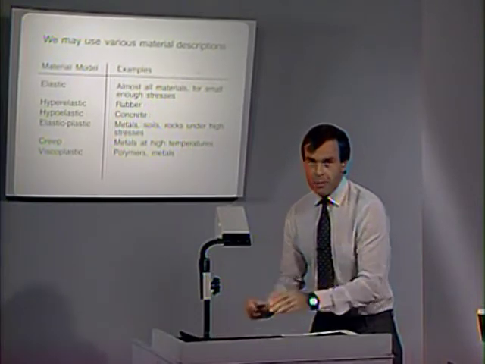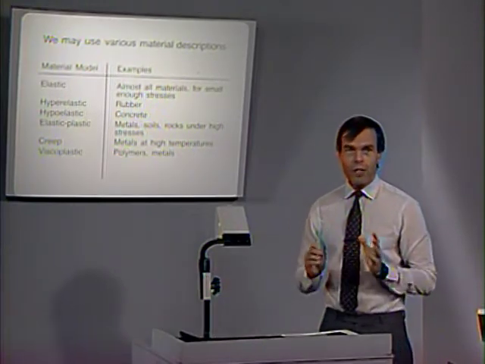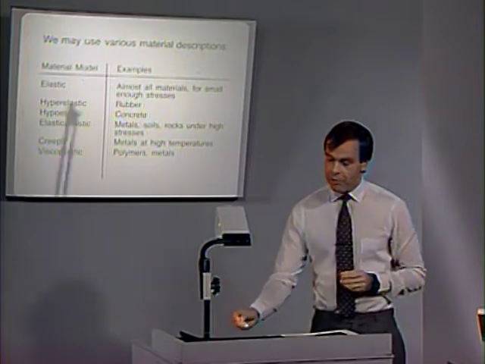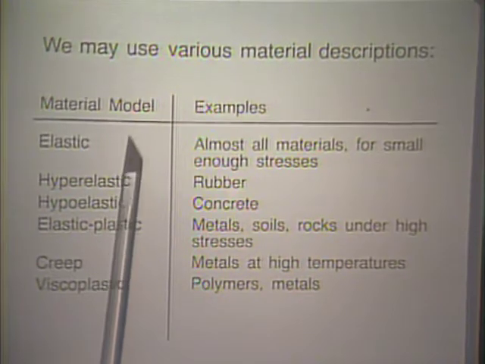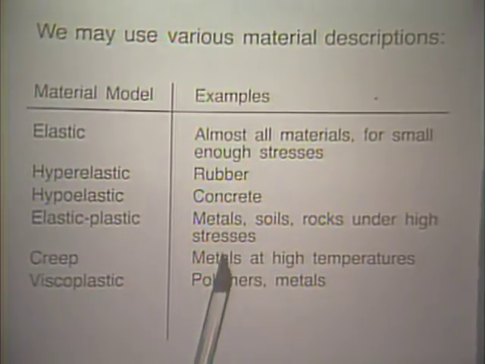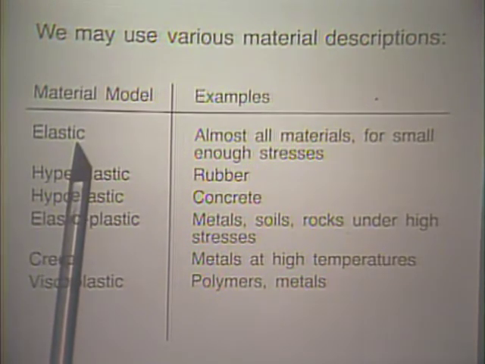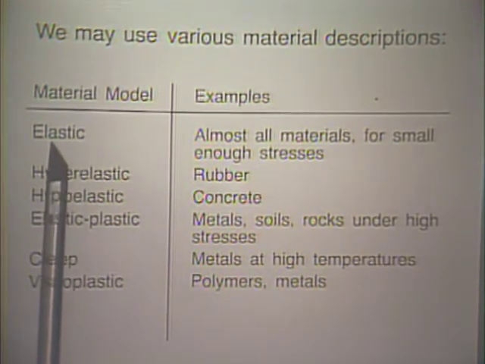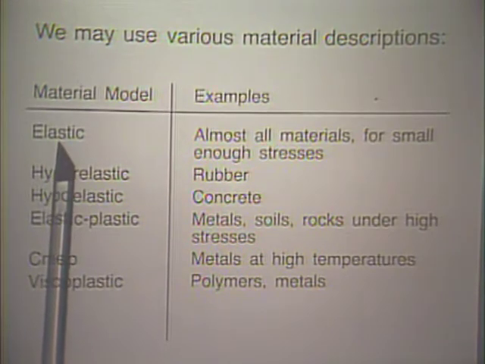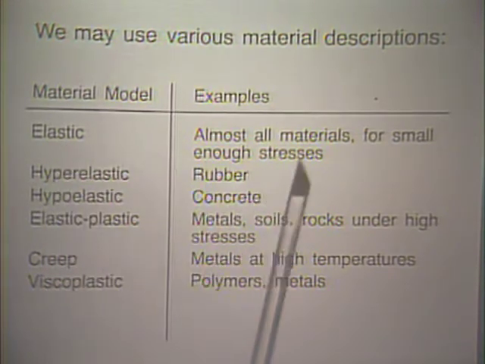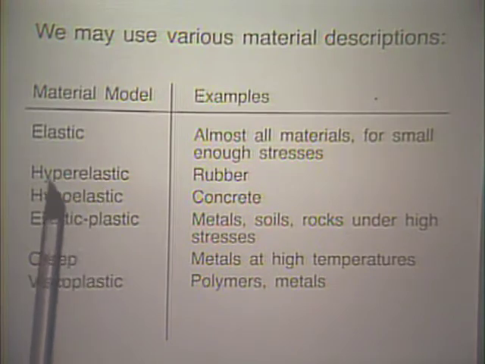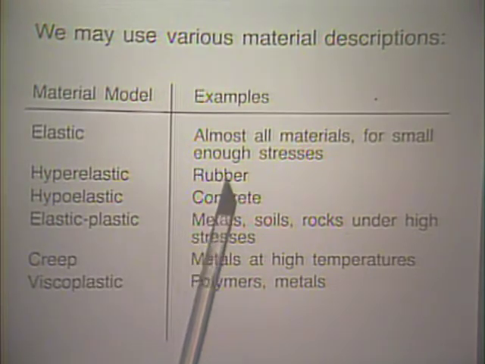If we look very briefly at various material descriptions, we have here typical models that are used and examples of applications. Practically all materials behave elastically as long as the stresses and the strains are small enough. A hyperelastic material would be, for example, a rubber material.